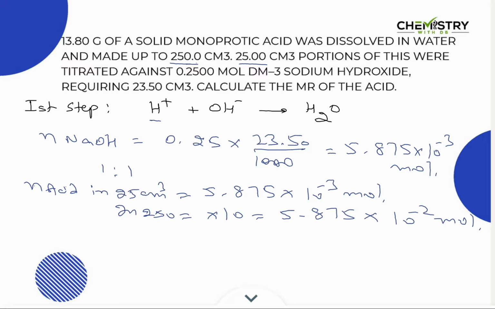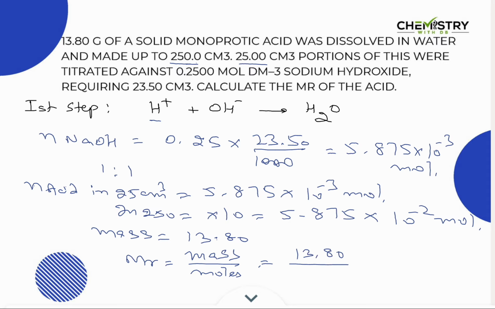So once you figured out the number of moles of the monoprotic acid, now you have the mass as 13.80. So it's easy for us to work out the MR using the formula mass divided by moles. So when we do 13.80 divided by 5.875 times 10 to power minus 2, we get the answer as 234.90.